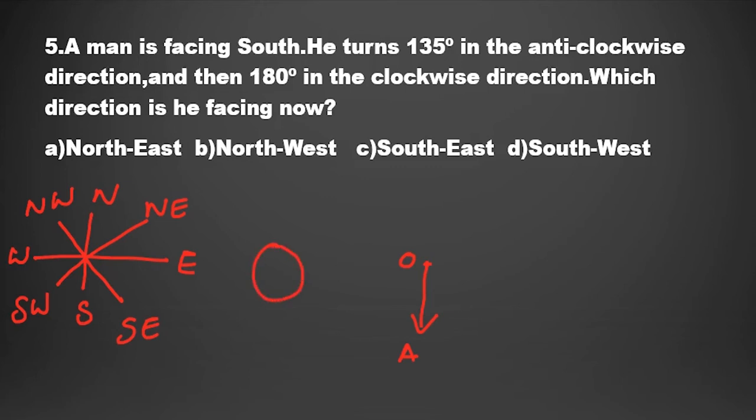Anti-clockwise direction means, like a clock with 12, 3, 6, 9, the clock is moving in this direction, and the opposite of the direction of the clock is anti-clockwise, this direction. So the man is moving 135 degree in the anti-clockwise direction.